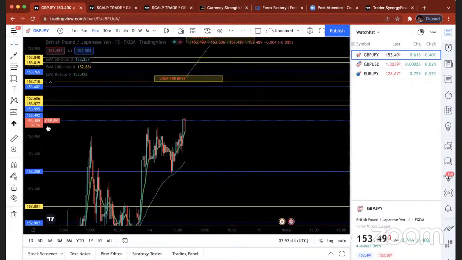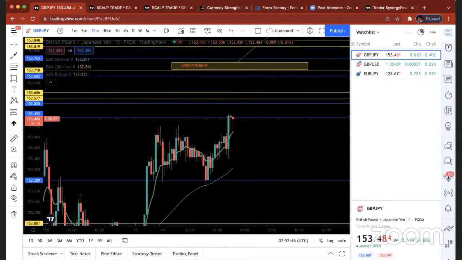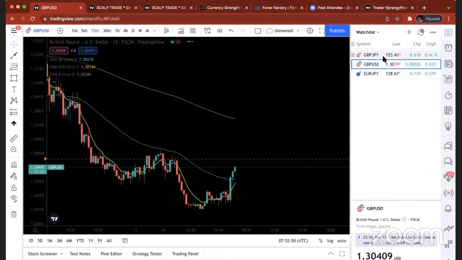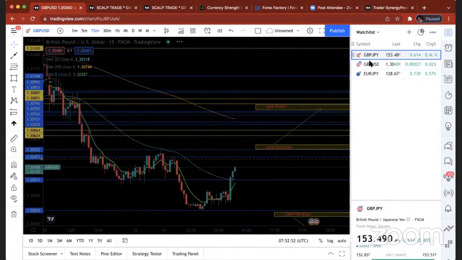Let's just see how the hourly closes on both setups. I do see GU possibly being our first setup, but let's see. I have an alert there.